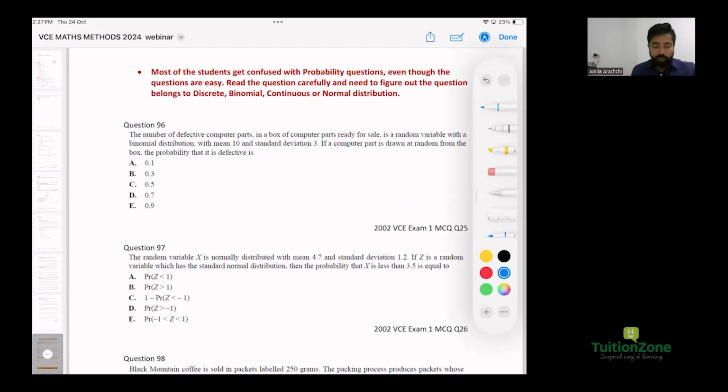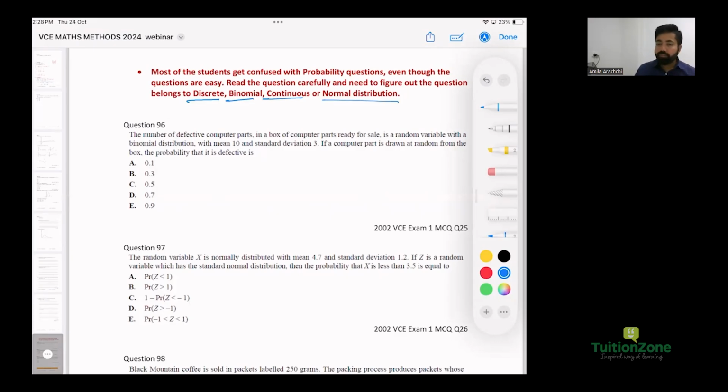All right, let's see. You probably have all your notes ready if you need them, but just read question number 96 and see what the method is. Always, when you read the question, see whether it's discrete, binomial, continuous, or normal. That's number 1. So what's the first one?